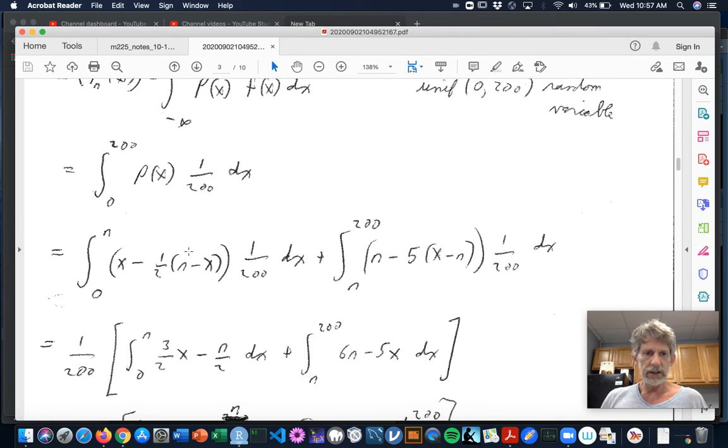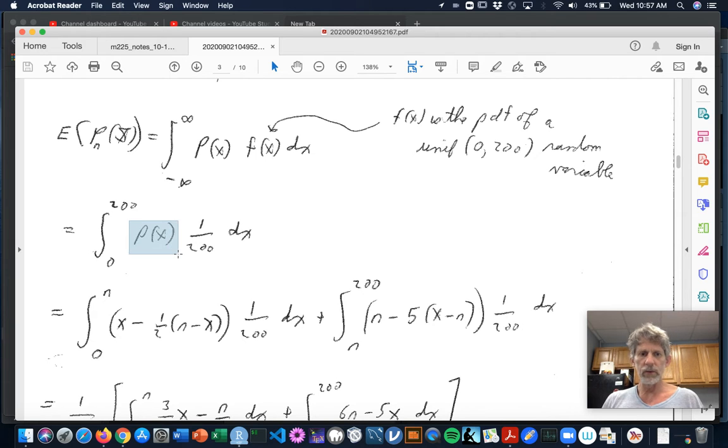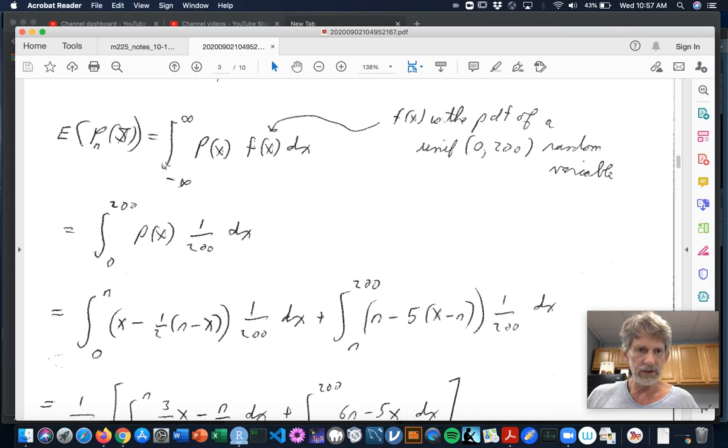Okay, so then we think, well, what about P of x? Can we work in a formula for it? And that should be a P sub n of x, by the way, that's a little typo. I'll fix it here on the sheet, but I don't think it's worth rescanning in. You can tell this should be a P sub n of x, just like this should have been a P sub n of x. Okay.